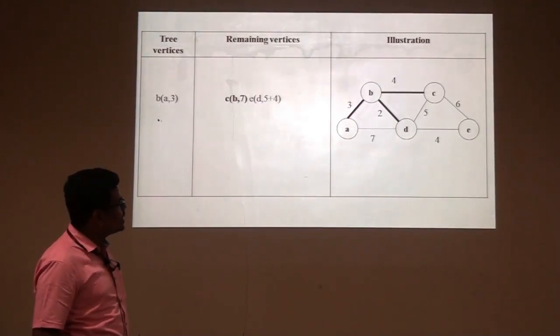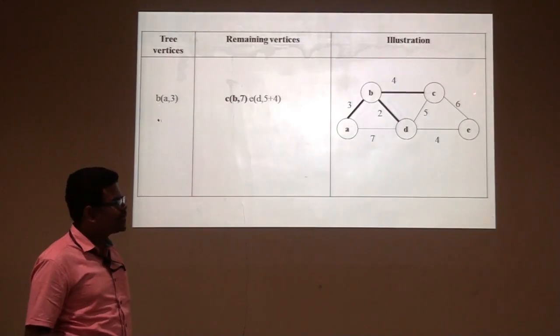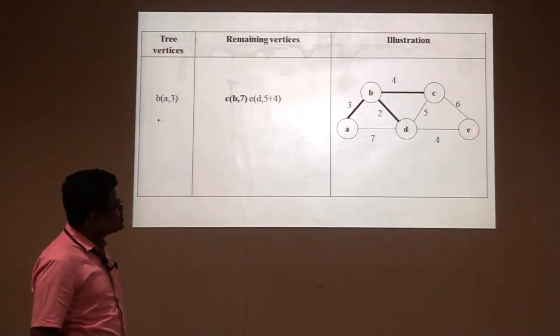Instead of that we can go by A to B and B to C with the minimum cost of 7.